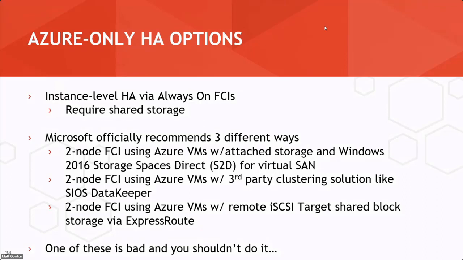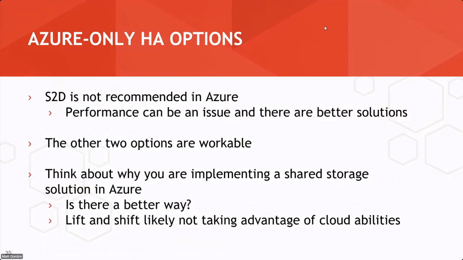It'll also say a 2-node FCI using Azure VMs and something like SIOS DataKeeper, and lastly a 2-node FCI with Azure VMs with a remote iSCSI target, and so on. It will officially say all of those are fine. It's wrong. Please don't do the first one.